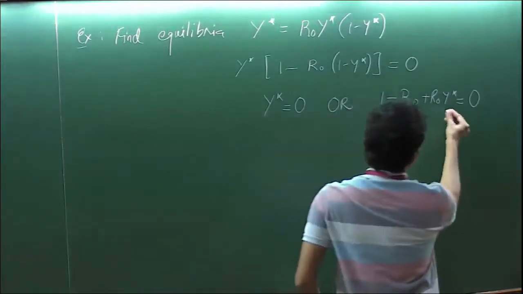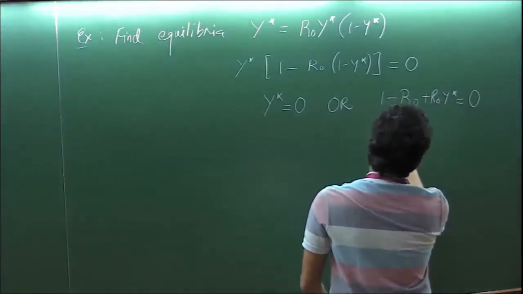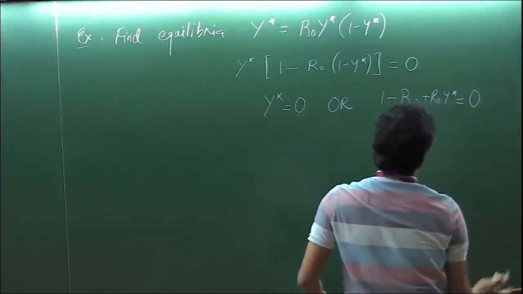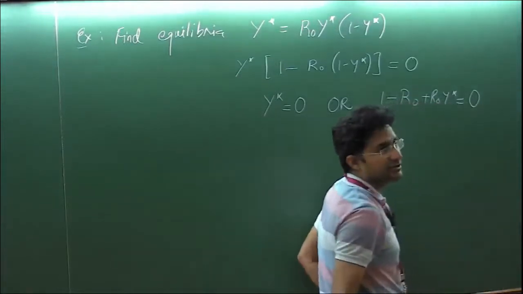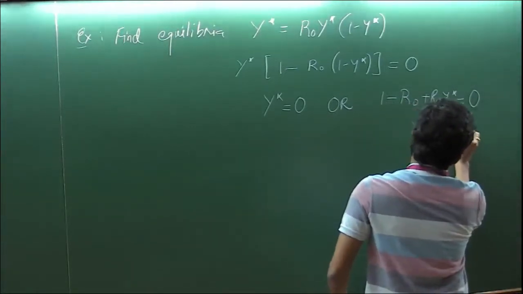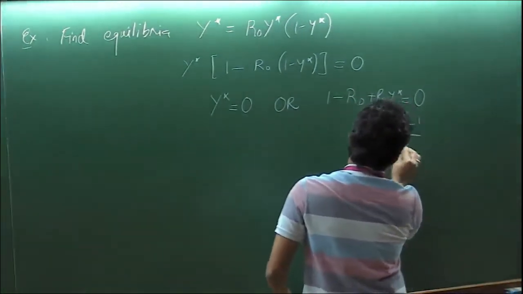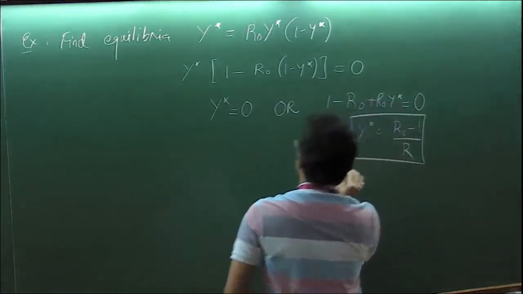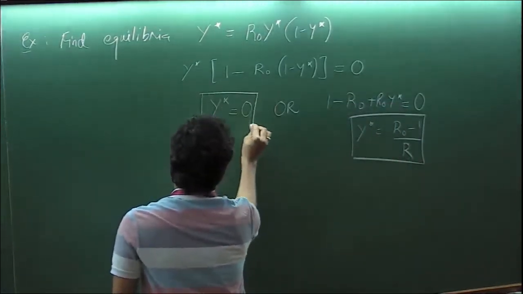If you solve this by moving this term to the right hand side and then dividing everything by r, you have y star is equal to r0 minus 1 divided by r. So this is one equilibrium, this is the other one.